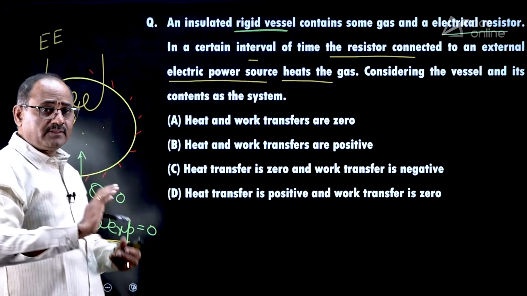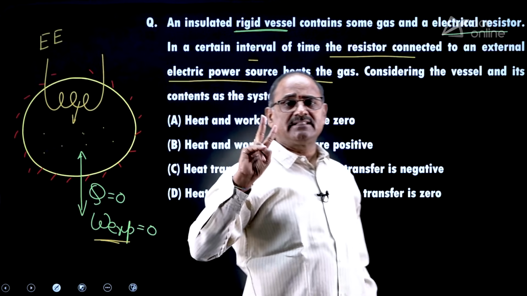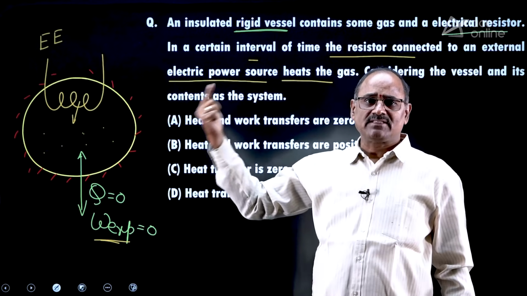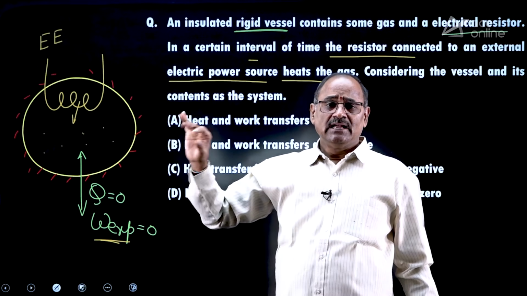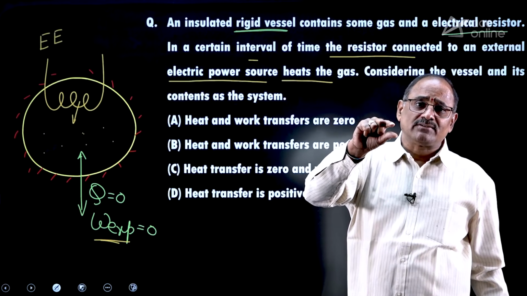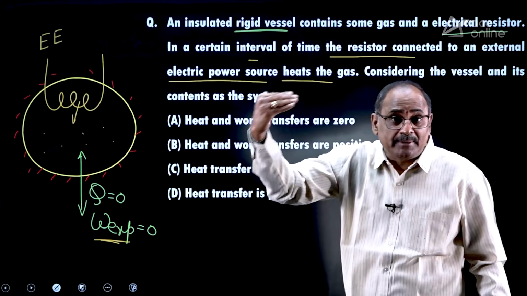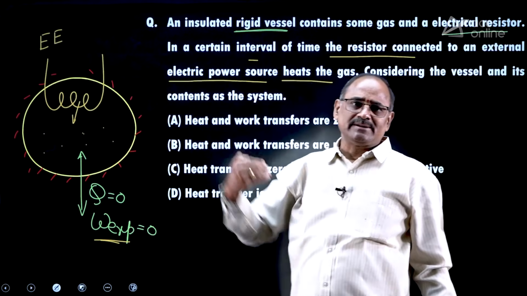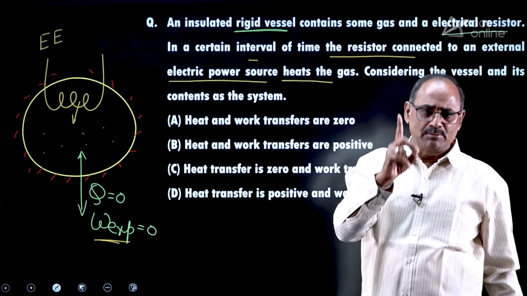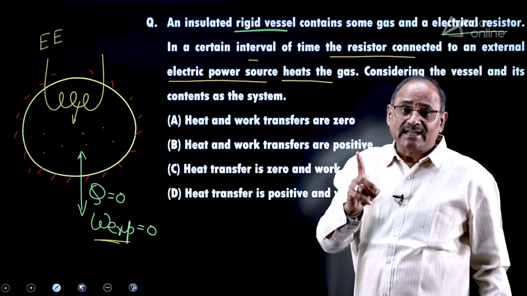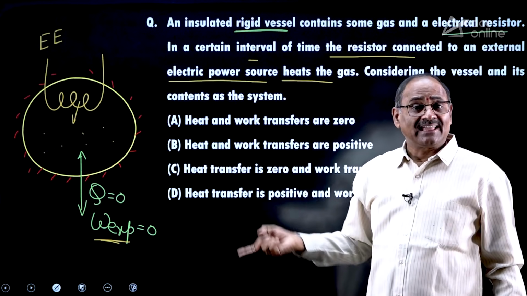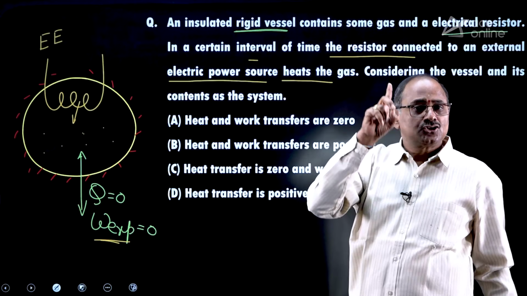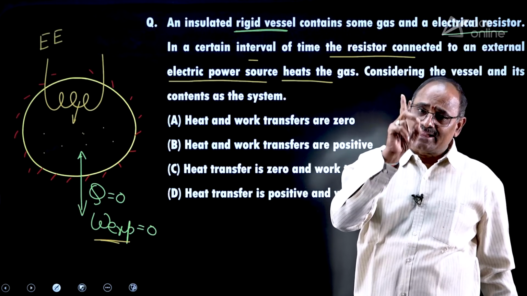In the absence of mass interaction, there are only two energies crossing the boundary of the system: one is heat energy, the other is work energy. The energy crossing the boundary only by temperature difference between the system and surroundings comes under thermodynamic heat. Whatever other forms of energy cross the boundary of the system other than through a temperature gradient should be concluded as work energy.